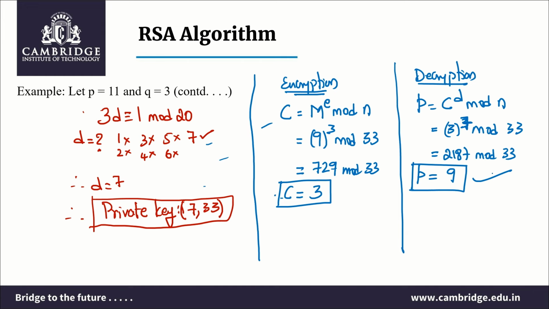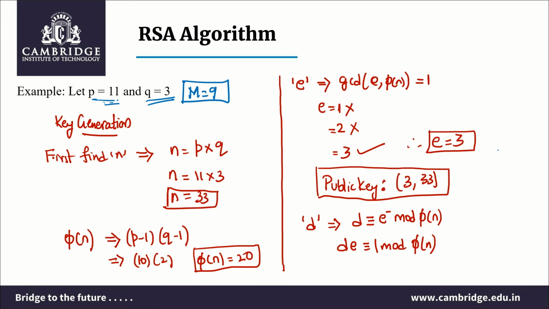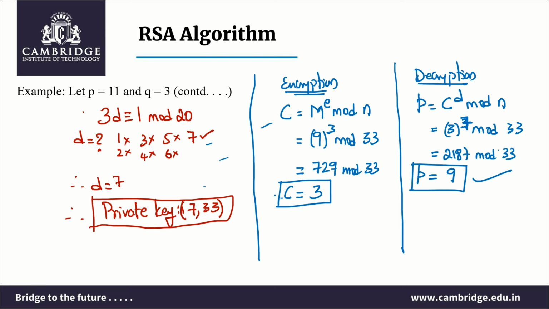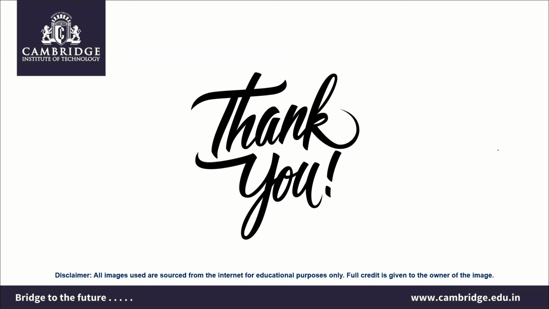Yes. So this is about your RSA algorithm. It involves 3 steps: key generation, where we generate the public key and the private key. Once that is generated, you perform the encryption and get the ciphertext. Use that ciphertext to obtain the decryption. Thank you.